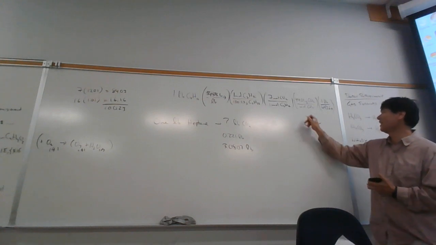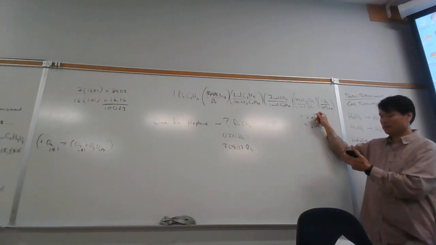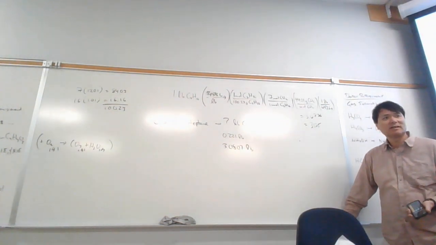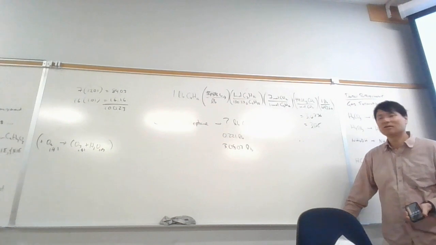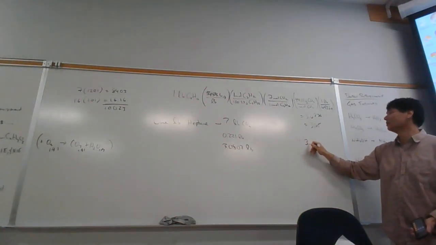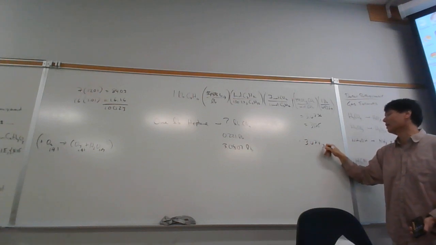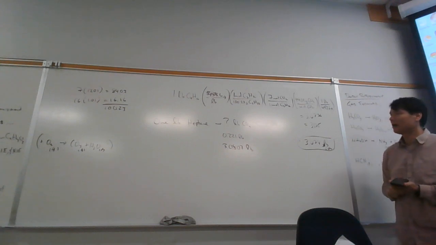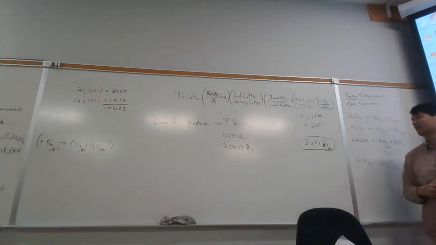I just calculated, I got 3.0736. Anybody else? You got that? All right. If I get 3.0736, then I would round it to 3.074 pounds of CO2. So for every pound of heptane, we get about 3 pounds of CO2. A little more actually than methane.